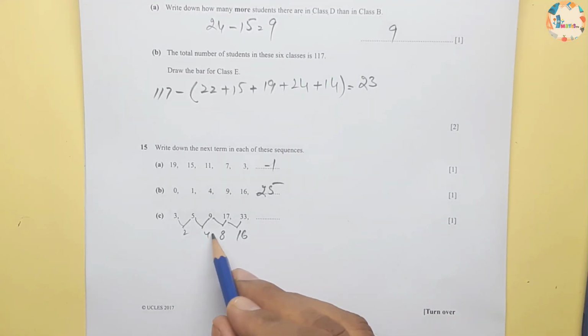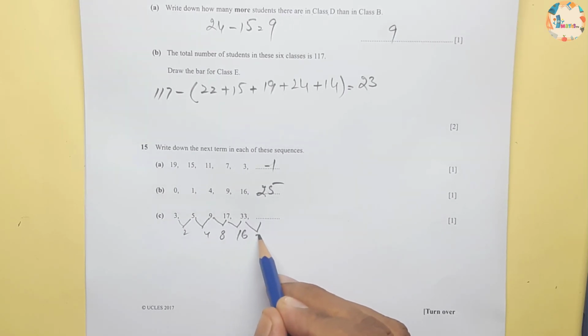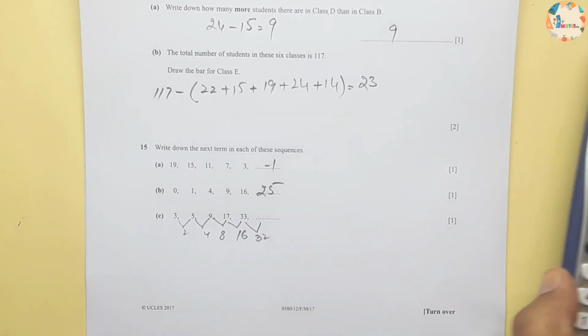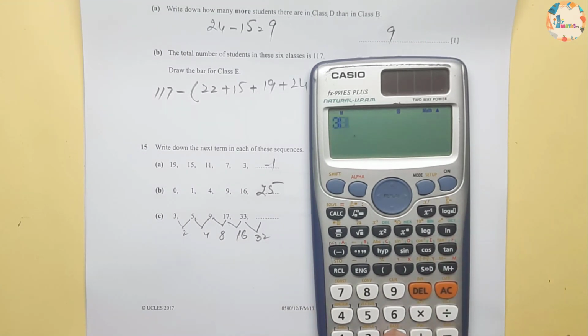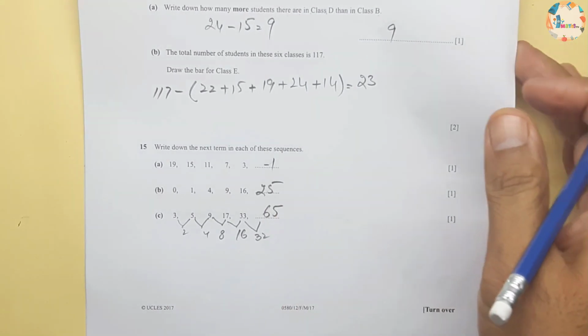So it doubles, like difference of 2, then 4, then 8, 16. Then this will be 32. This difference will be 32. 16 twos are 32. So 33 plus 32 will be equal to 65. So this number should be 65.